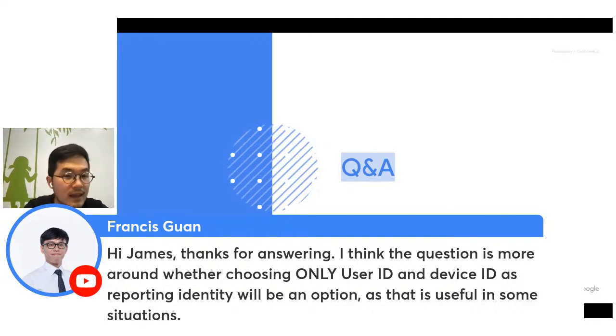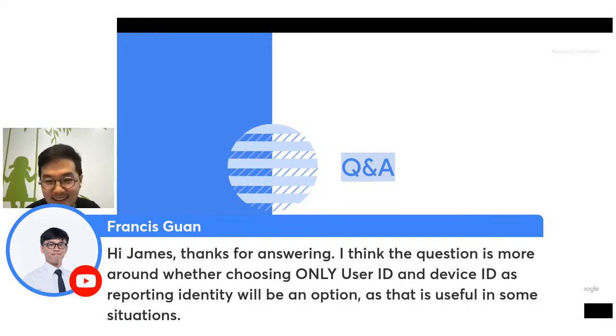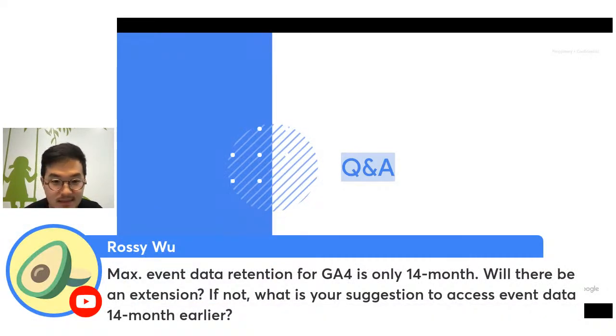In UA we have the user ID view, right? So you want to understand the user ID view separately, but I don't think it's possible right now in GA4. If I'm saying that wrong, maybe at the end of November the other team can correct me.